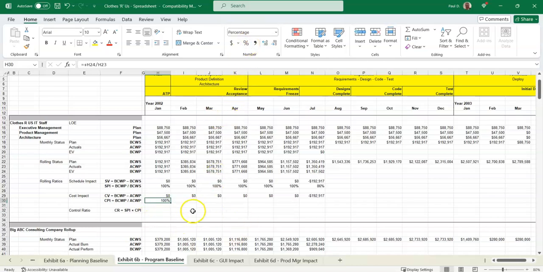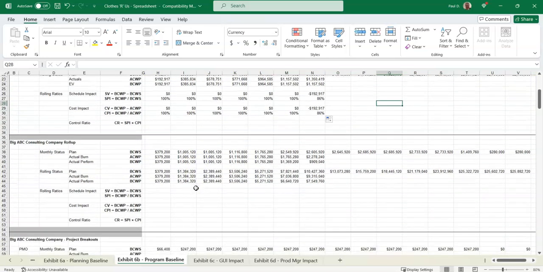I convert that to percentages and I get 100% cost performance index. It's not as meaningful on LOE, I'll tell you that, for reasons I explained. But this basically does the EVM equations.